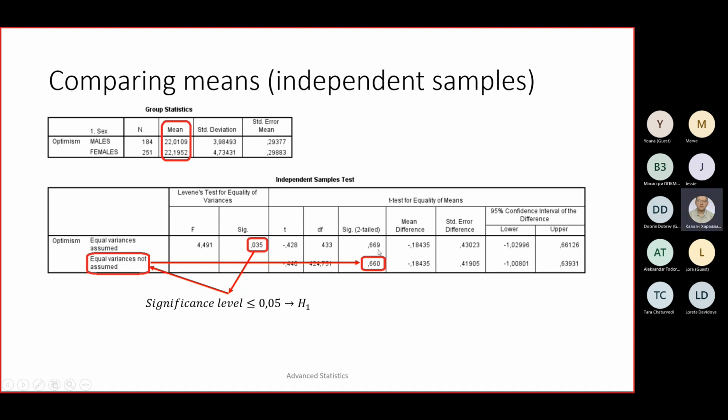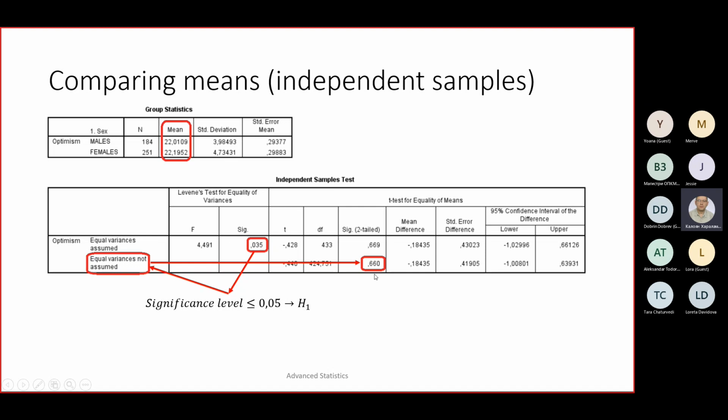But we must choose the first row or the second row, so we need this significance level first, and this significance level shows the row, the first or the second row.